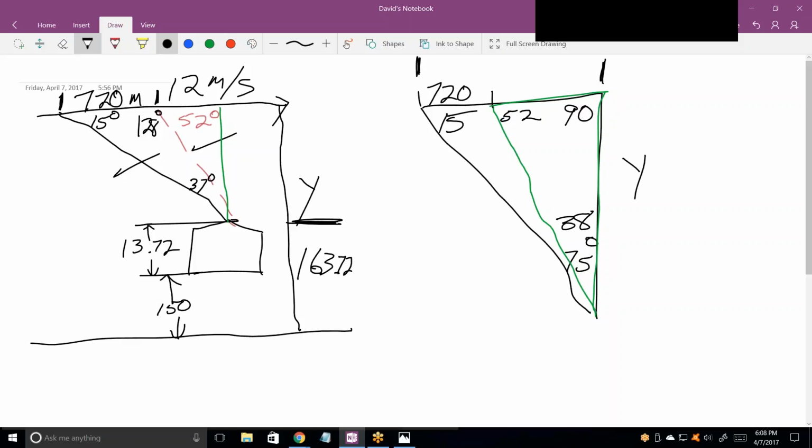I know the glider is going at 12 meters per second, and I know that 1 minute after it was there, well, how do we know that the second jump is 1 minute?